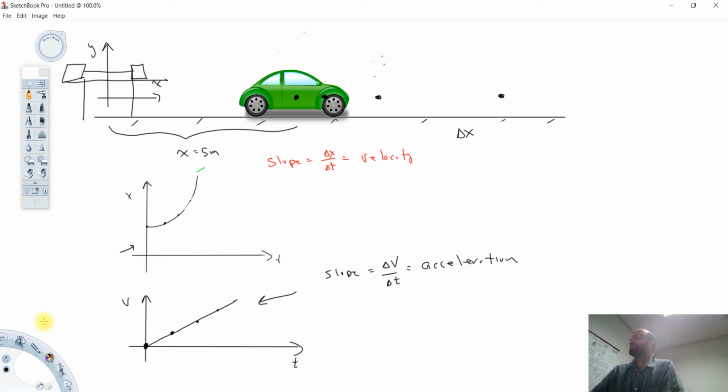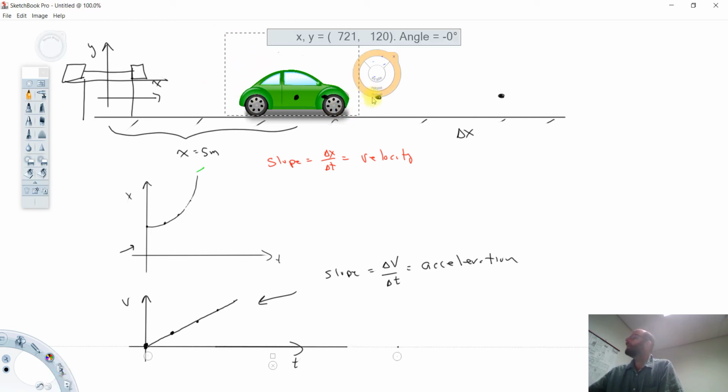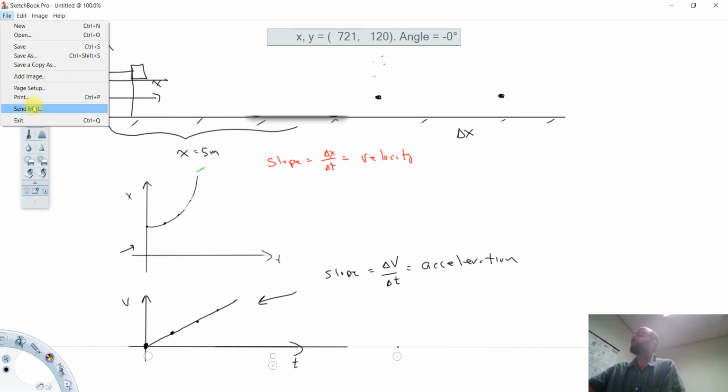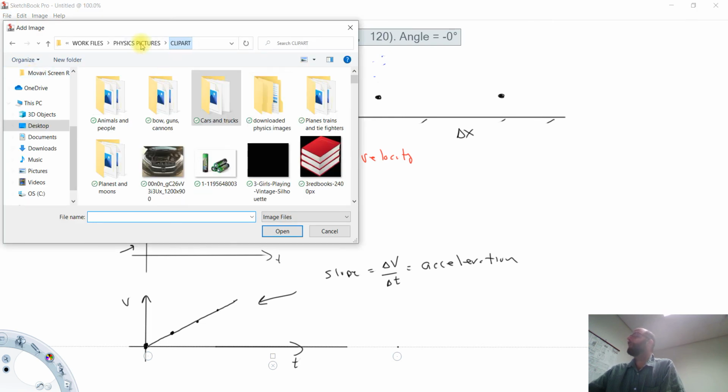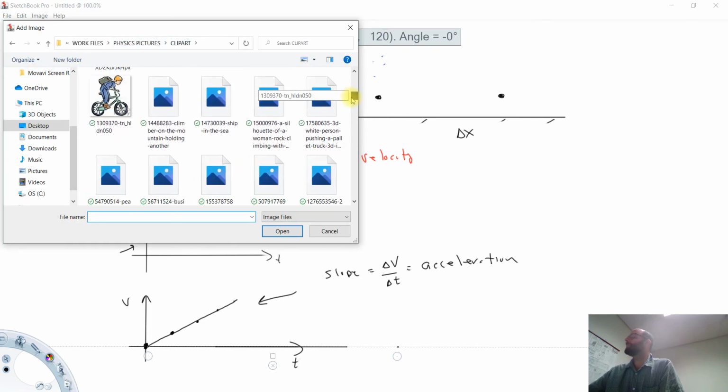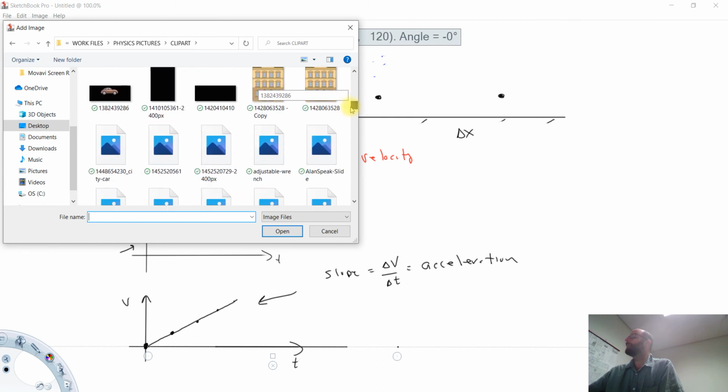And then instead of the car, we're going to have a person. You're going to do this. So let me grab my favorite physics person here, Timmy. There's Timmy there.